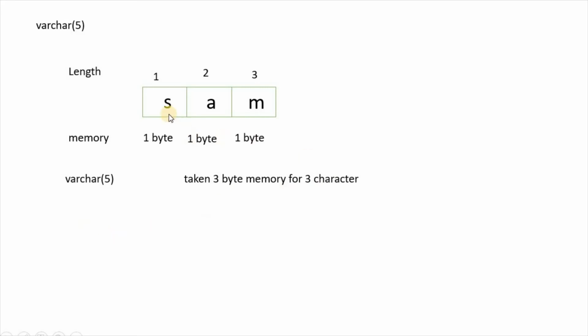The memory is according to the characters, 1 byte per character. When there is varchar 8000, a data type size of 8000, at that time it takes only 3 bytes of memory for 3 characters. So a lot of memory wastage is saved by the varchar data type. There is no chance of memory wastage like the char data type in the case of varchar.